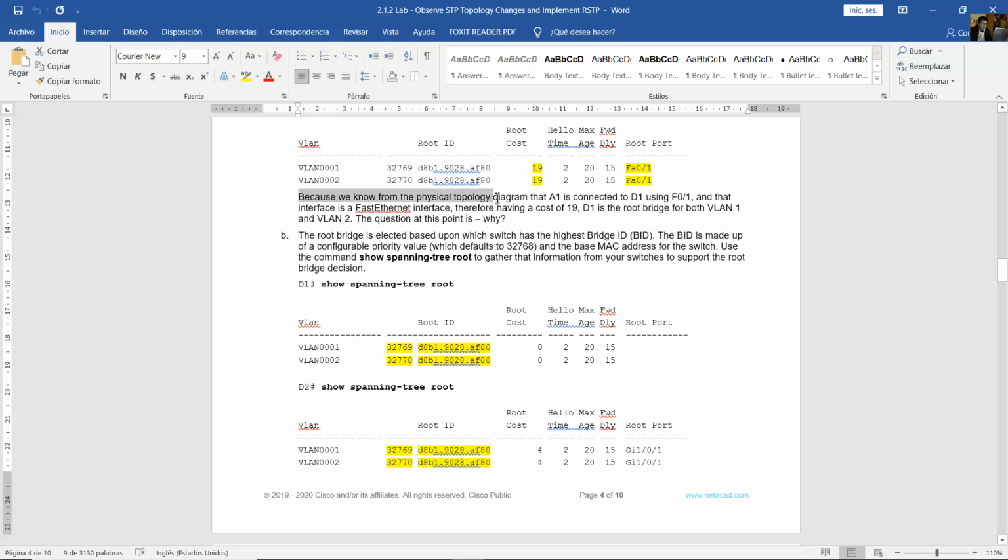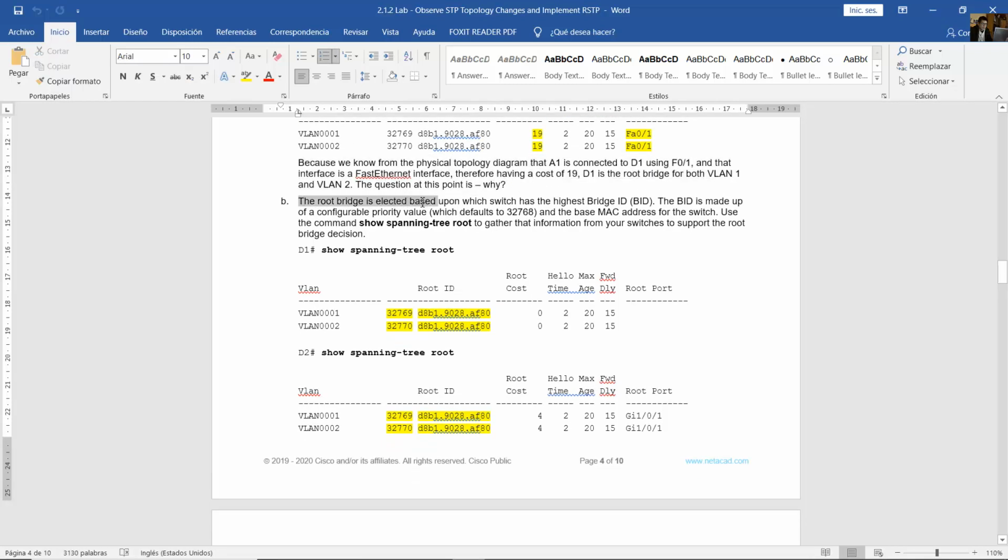Because we know from the physical topology diagram that A1 is connected to D1 using Ethernet 01, and that interface is an Ethernet interface, therefore having a cost of, in my case, 100, D1 is the root bridge for both VLAN 1 and VLAN 2. The question at this point is why?